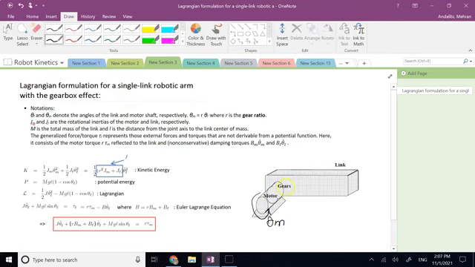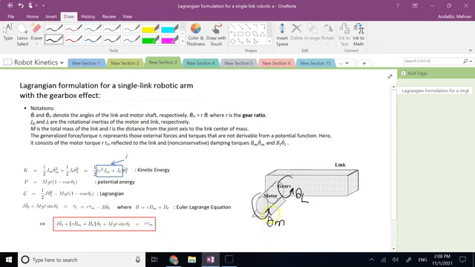And since in a gearbox you have most of the time a reduction in the angular velocity, this theta M is the input of the gearbox, the output of the gearbox, which is called theta L, is typically much less than theta M, right? Or theta dot L is less than theta dot M.